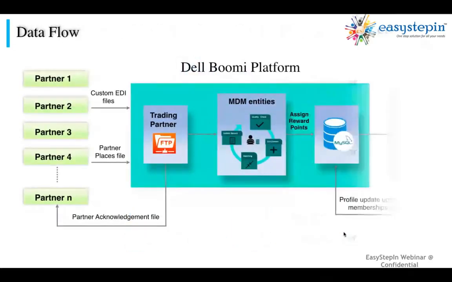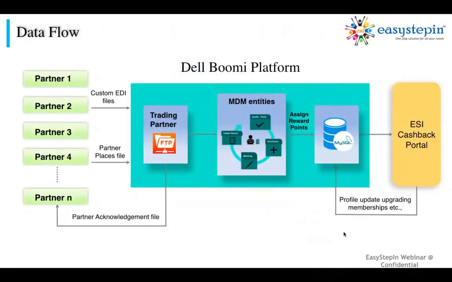Coming to the detailed explanation of the data flow, we are using a trading partner approach where you can onboard any number of partners, and the communication medium we are using here is FTP. Trading partner also supports other communication channels like AS2. The partners place their custom EDI files that contain the transaction data of users in the FTP partner outbound location. Once the file is picked up by the Boomi process, it replies back with an acknowledgement file.